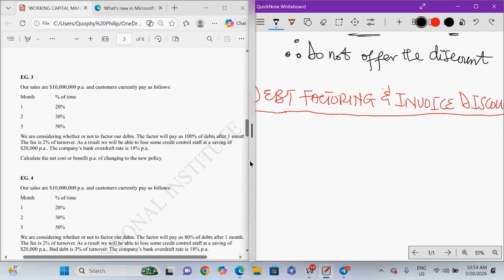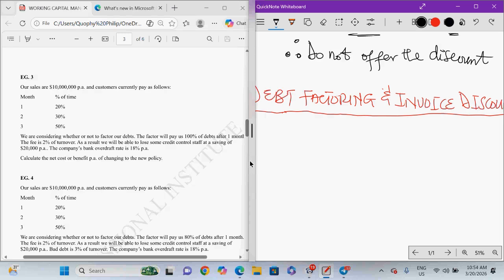You would call the person all the time, send reminder letters, make telephone calls. You may even decide to withhold the supplies that you are giving the person. Then you may see that all these activities are not yielding the result, right?